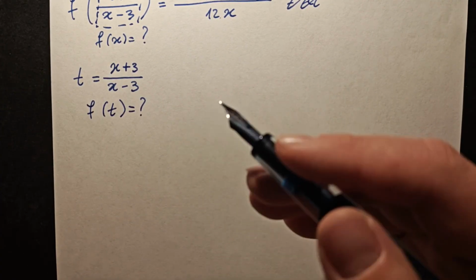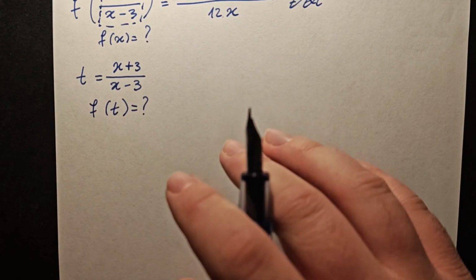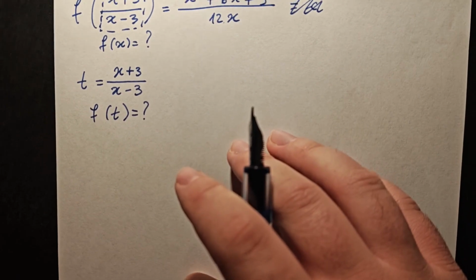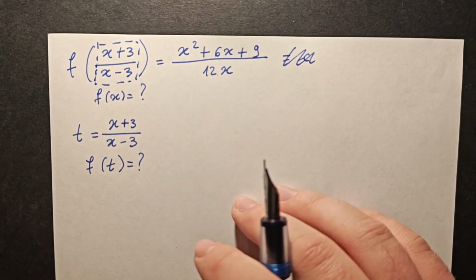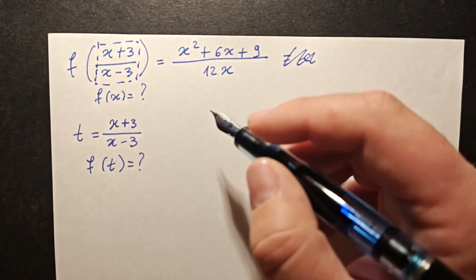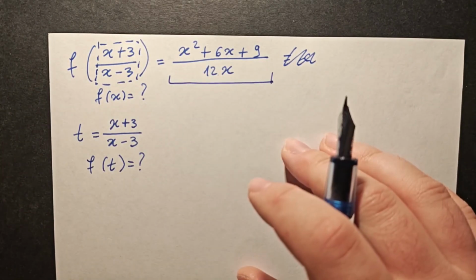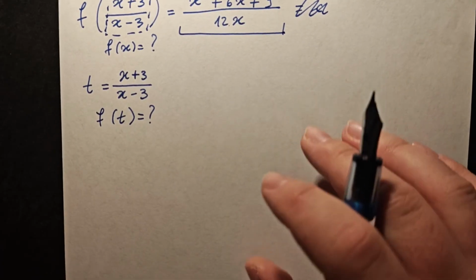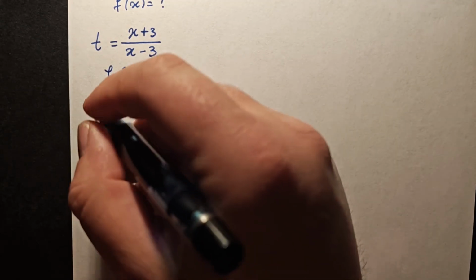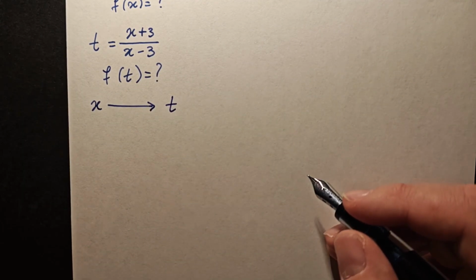Now that we are interested in finding the value of f of t, and in the argument you can observe that there is no variable x, we have t, our job is to replace x from all its appearances on the right side of the equation with a variable t. Effectively, we are looking for a transition from variable x to variable t.